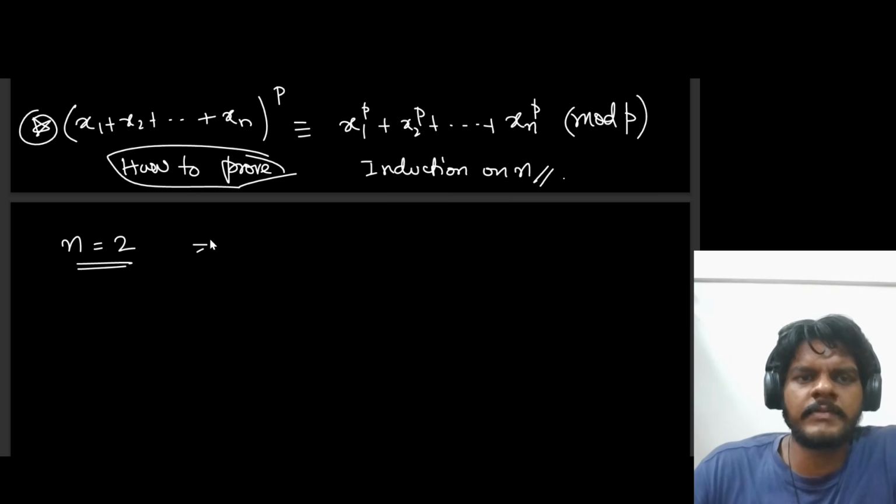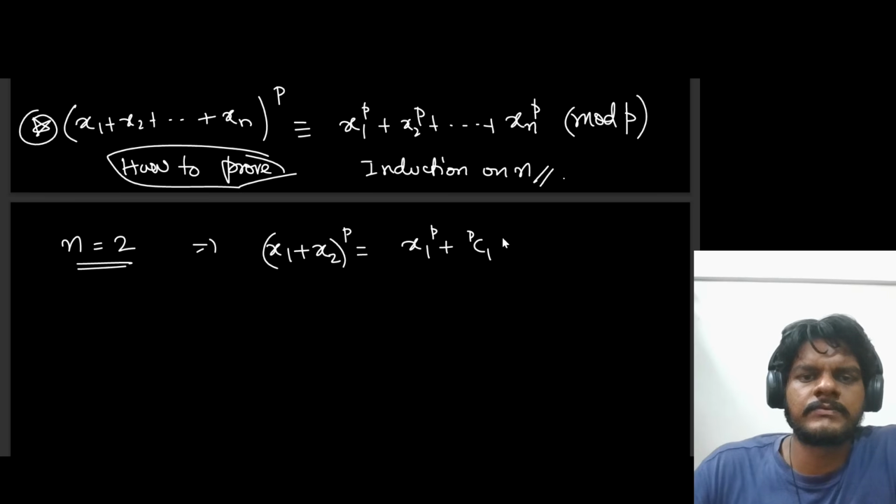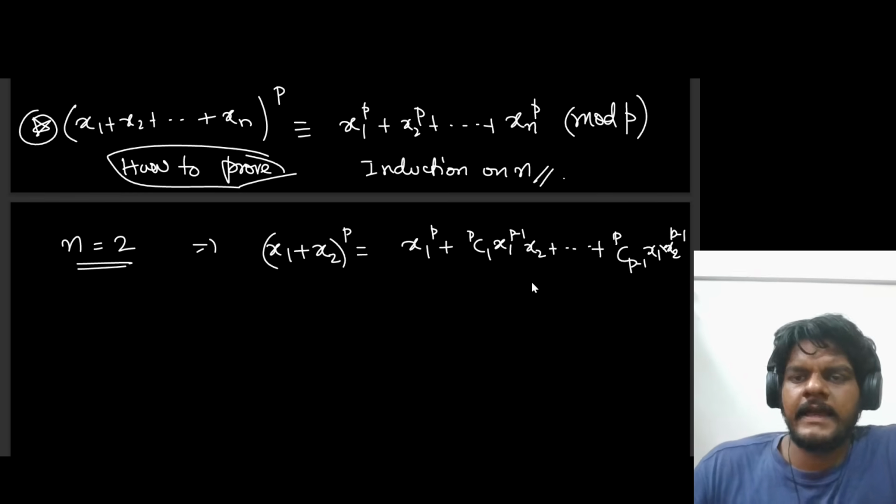N equal to 2 implies (x1 + x2)^p is equivalent to x1^p + pC1 x1^(p-1) x2 and so on till pC(p-1) x1 x2^(p-1) + x2^p.